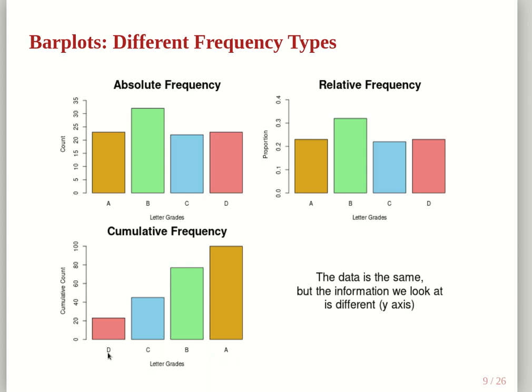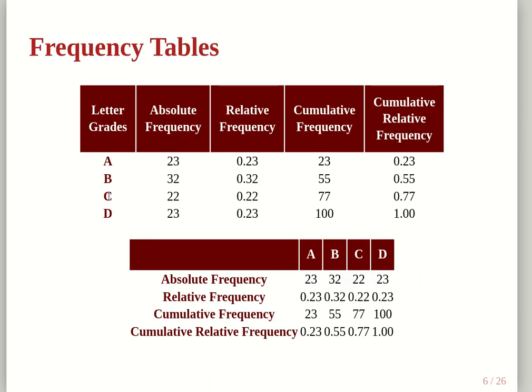And notice here that I have flipped the order with respect to the frequency table. So in the frequency table, I had arranged this in a descending order. So we started with A and went back to D, and we took that order into account when building the cumulative frequencies. So we were saying things like 55% of people got a B or larger. That is something we can do.